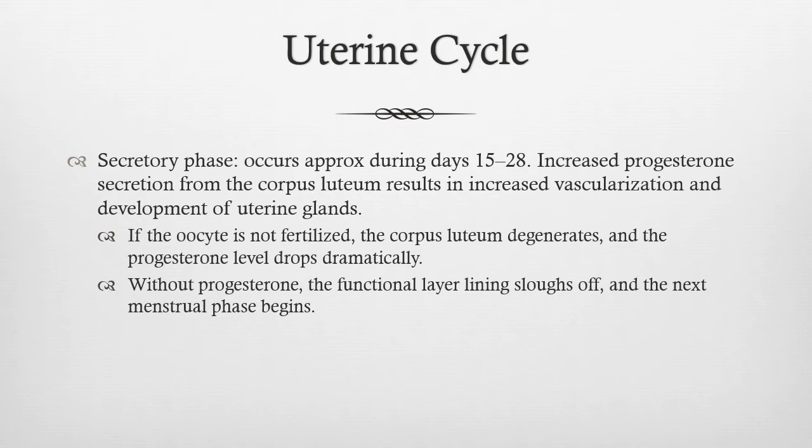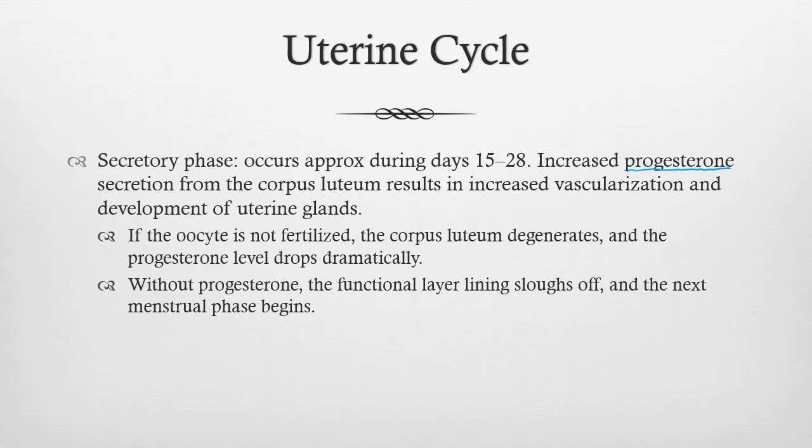So the corpus luteum is producing progesterone, and as it produces progesterone, that's going to make the uterine lining continue to grow and grow and grow. It's increasing in all of the blood vessels that are there, and it's basically ready for implantation.